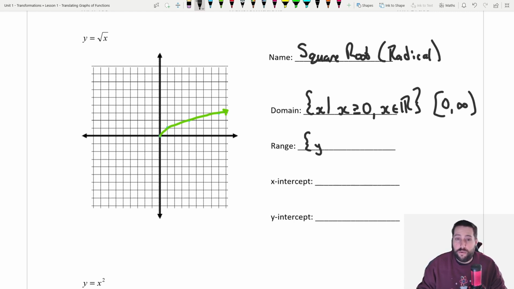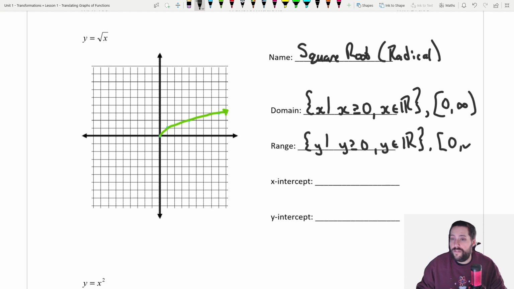So it's going to be y such that y is greater than or equal to 0, provided that y is an element of all real numbers. Same idea, or it could be stated as 0 to infinity for our y values. Make sure that we are including 0 in this case, so it's going to be a square bracket by the 0, but we are not including infinity because it'll never reach there.